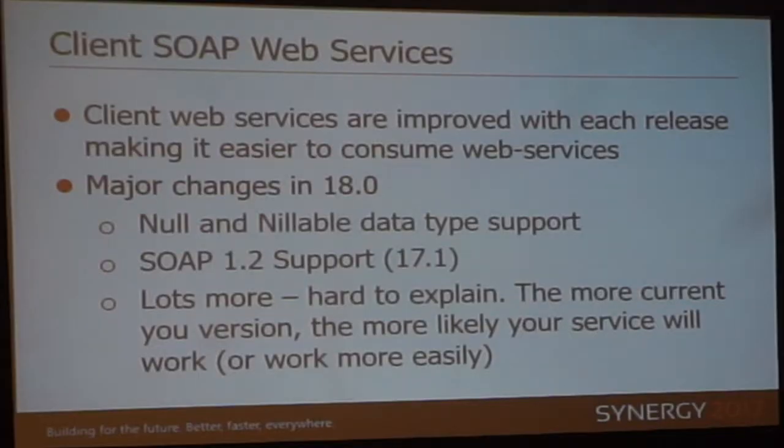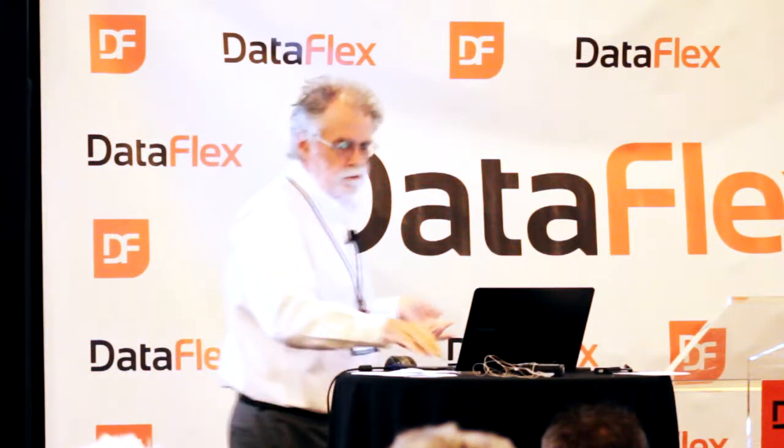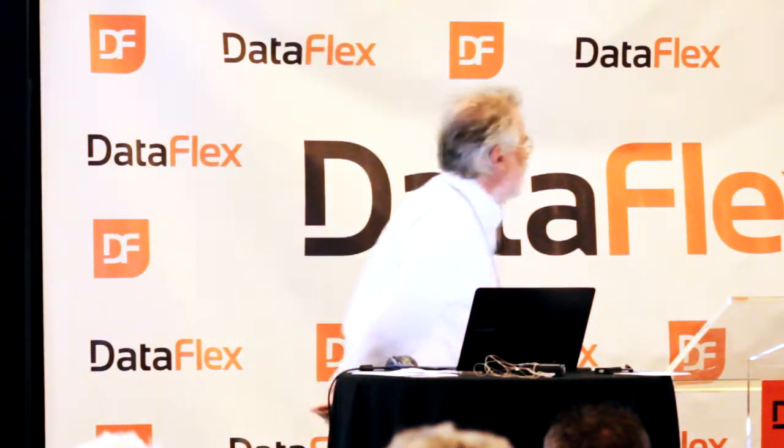SOAP client services just keep getting improved with new releases. In 18.0, there was a whole bunch of changes that made something called null and nillable data type support work. We're supporting SOAP 1.2, which is kind of a nothing in the industry. It just never went anywhere. But there are some services that's what they're doing.